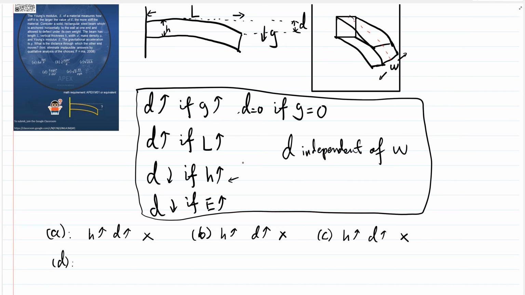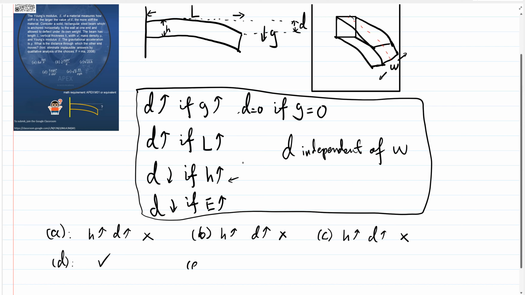You put it on a spaceship, you have very little G, and you have very little deflection. So that all checks out in D. And also, it's inversely proportional to Young's modulus and H squared. So that means when you increase the stiffness of the material or increase the thickness of the material, it will be less deflective. So that checks out, right?